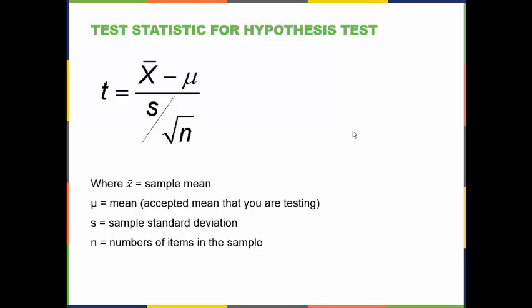Same concept here. We are going to use the t-statistic because we're using a sample standard deviation. The other thing to keep in mind is that when the number of samples becomes super large, your t and your z numbers are almost the same. Okay?